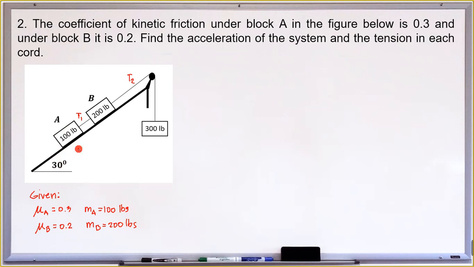Since we have three objects, it is expected that you should create three FBDs. So let's start with block A. FBD at block A. That is why I highlighted the static analysis in this kind of problem during our statics review, because that is very useful in our discussion for today.